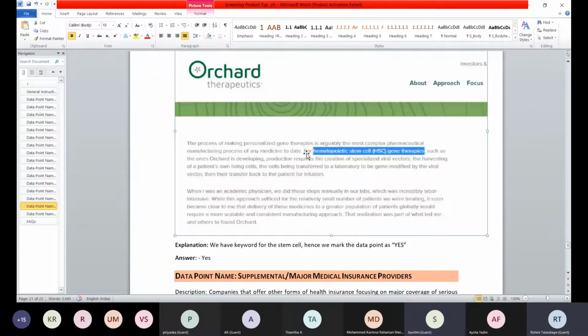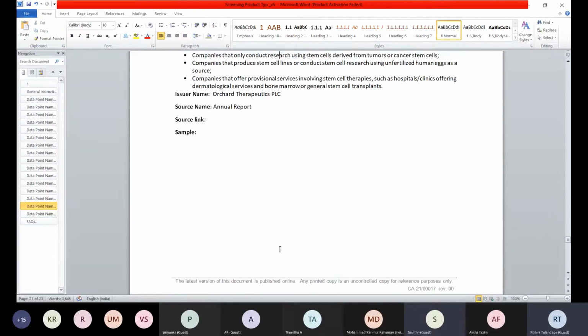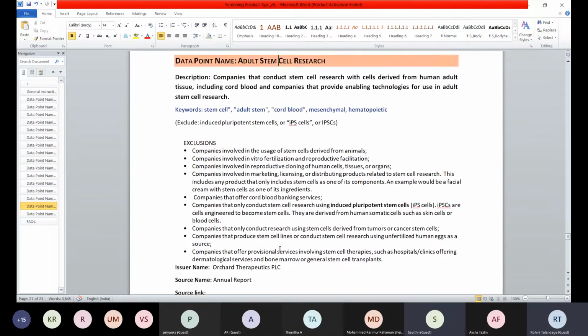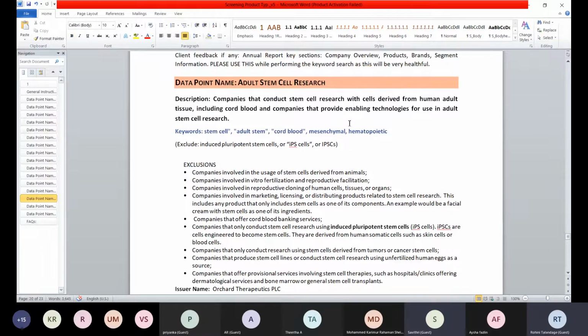So, medicine to date for hematopoietic stem cell gene therapies. What this word indicates is that they are doing stem cell research. We have some keywords for this. You have to search with all these keywords.